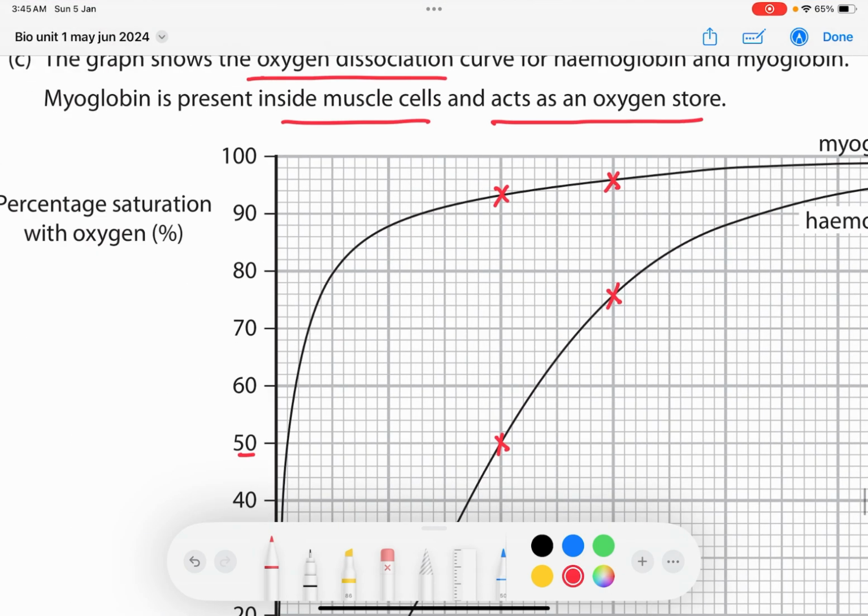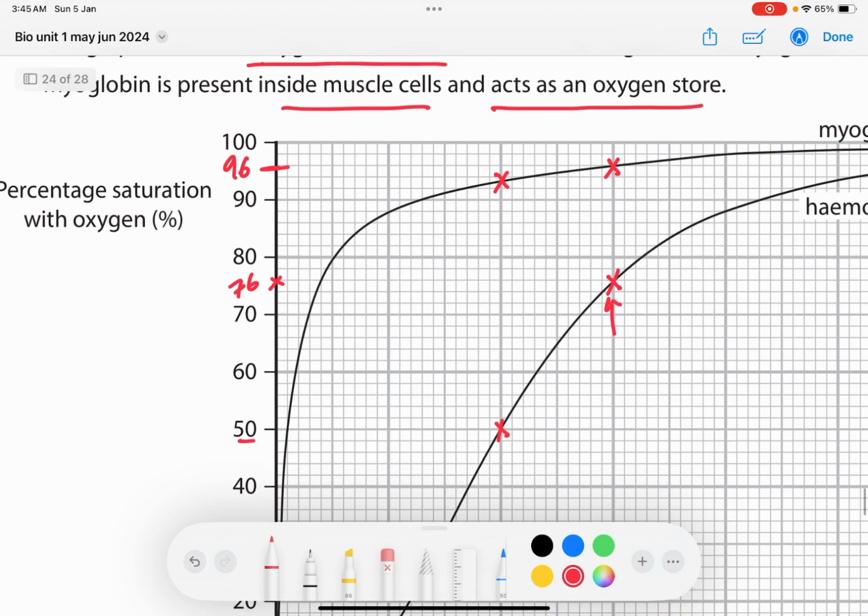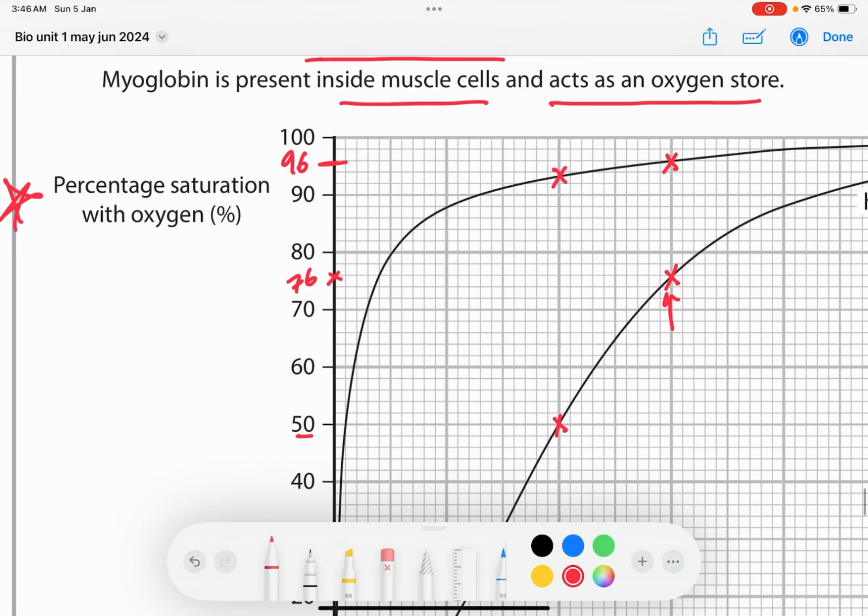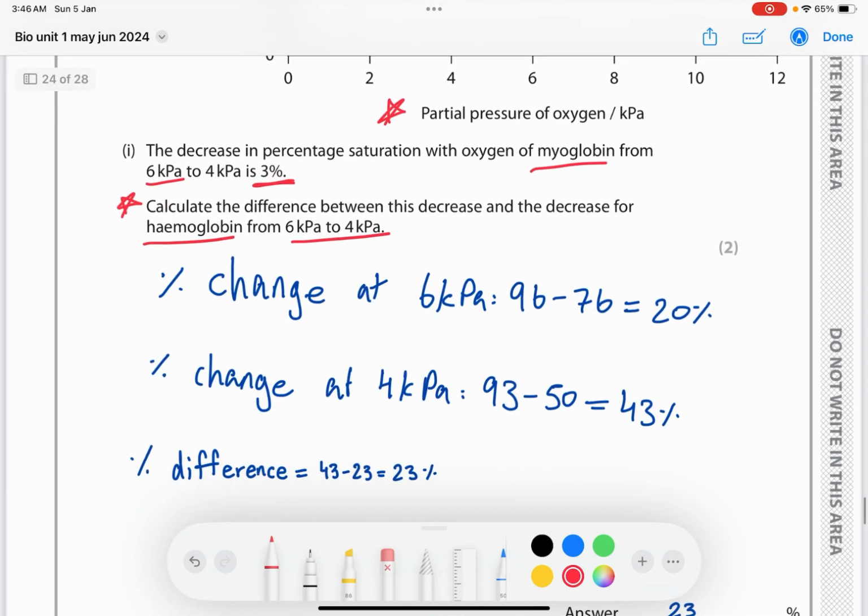Let's just quickly get that. At 6 kilopascal, this one over here is at 96, and this one is at 76. So the percentage change at 6 kilopascal was 96 minus 76, which is 20%.